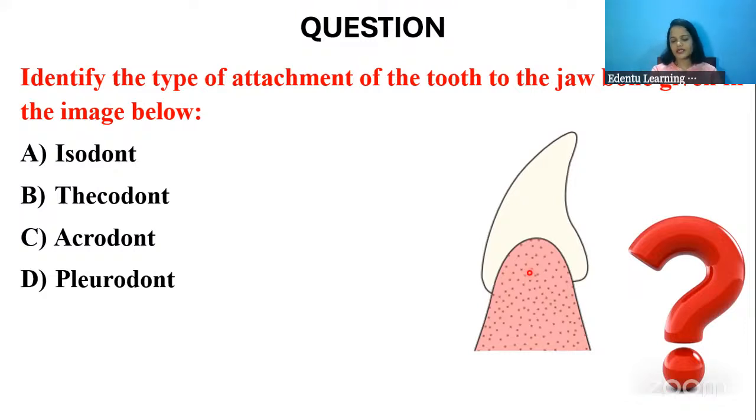So what are rootless teeth called? What is the name of the rootless teeth? Yes, any others? Anyone can answer. You can use the chat box and answer. Even if it is wrong, it doesn't matter. We are all in the learning process. Any others? Yes, Dr. Rahul. Yes, any others?